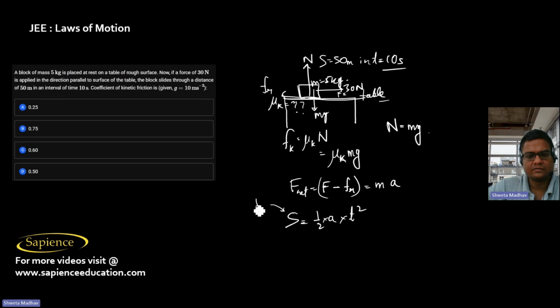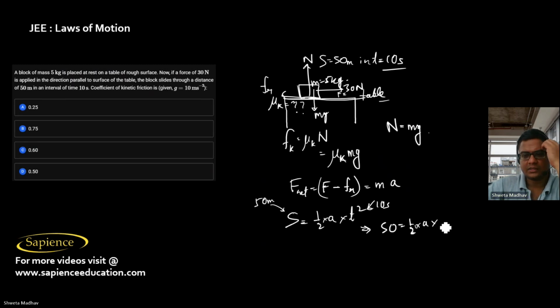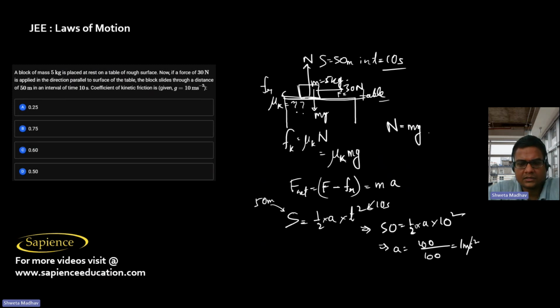S is 50 meter and t is 10 seconds. So I can say 50 is equal to half into a into 10 square. So therefore a will be equal to 100 by 100, that is 1 meter per second square. So the acceleration is 1 meter per second square.